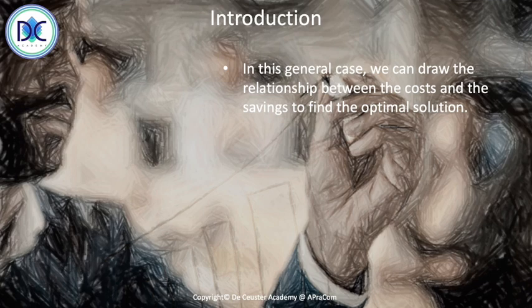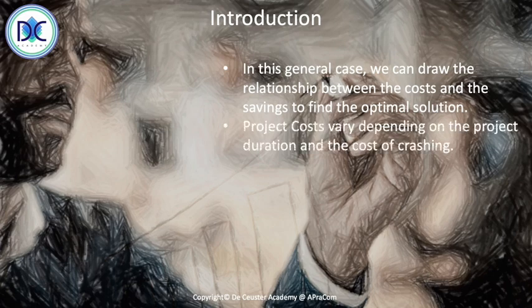When we look at the calculations, what we did is that we found a relationship between cost and the time, the duration. And what we're going to do is to find that relationship. What is the effect of the additional costs? What is the effect of the savings on the total project cost?